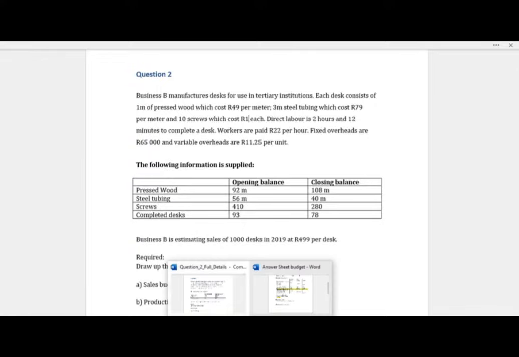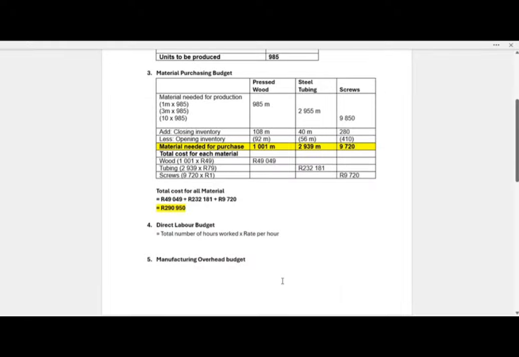We know that 1 hour is equal to 60 minutes, right? So we need to calculate the total number of hours worked.